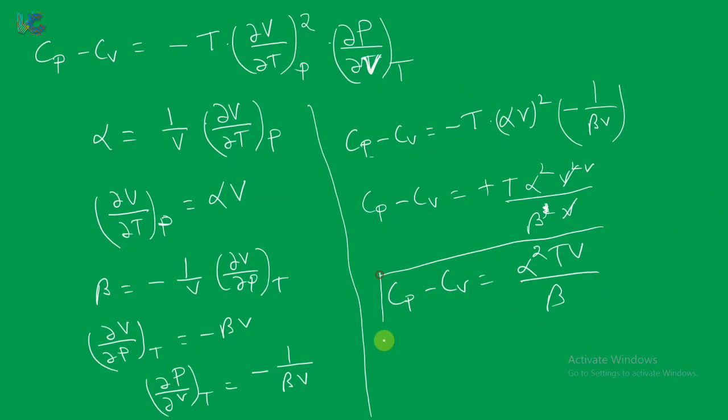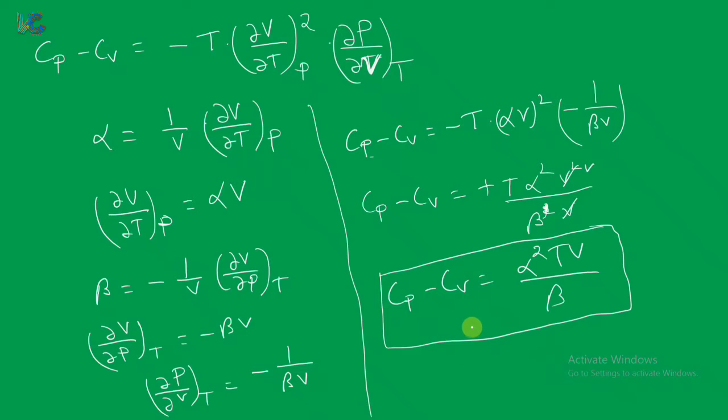Okay, this you are getting. Cp minus Cv is equal to alpha square T V by beta. This is true in general for all substances.